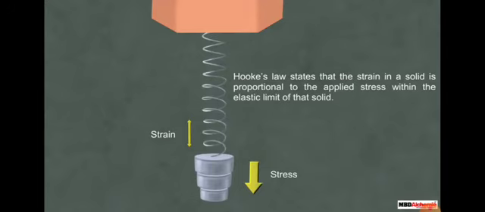This experiment was already performed in the science lab to find that stress is directly proportional to strain. So Hooke stated that whenever a force is applied within the elastic limit, the stress is directly proportional to strain. You have already proved that with the help of the Young's modulus experiment setup.